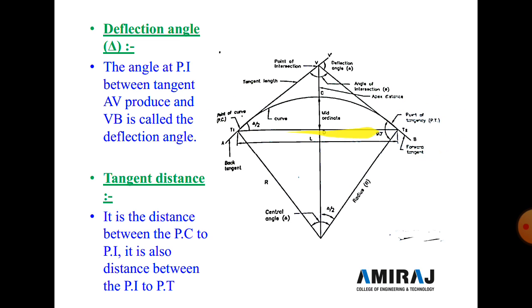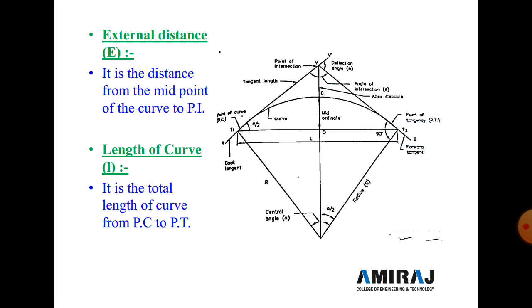Next is the external distance, E. It is the distance from the midpoint of the curve to the PI. Next is the length of the curve.